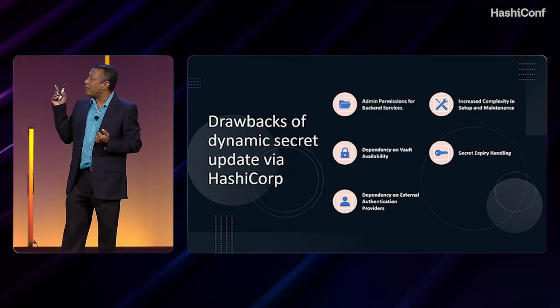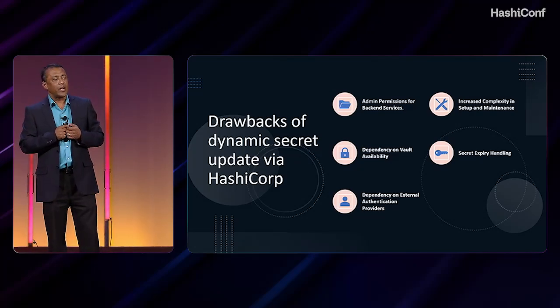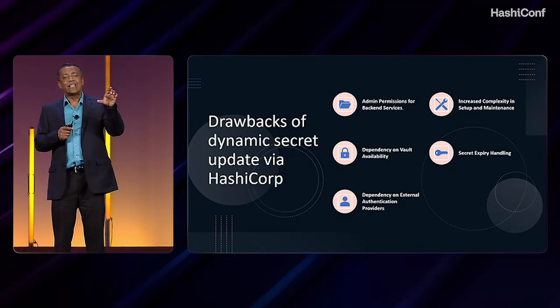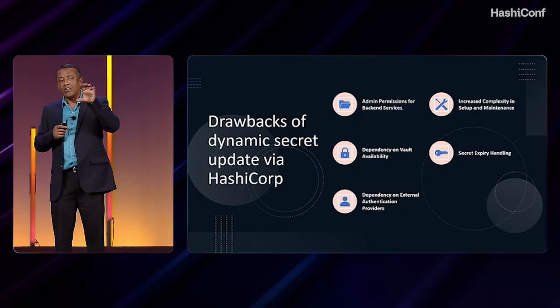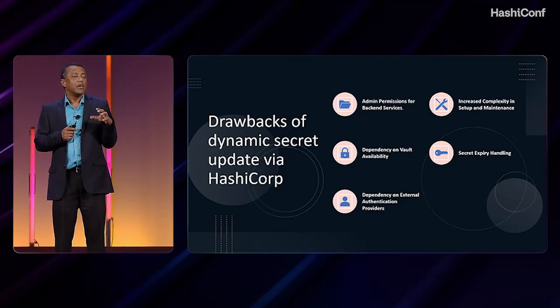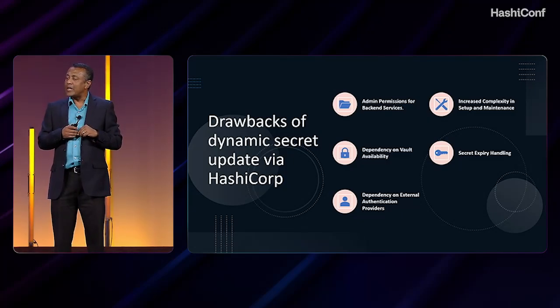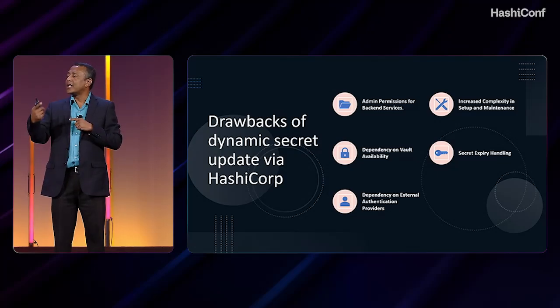The first problem we identified with dynamic secrets was admin permission for the backend services. Vault needs admin permission to MongoDB or Splunk, wherever it is. If you want to use dynamic secrets, Vault has to get this admin permission, and unless you get the admin, you will not be able to generate the dynamic secret.